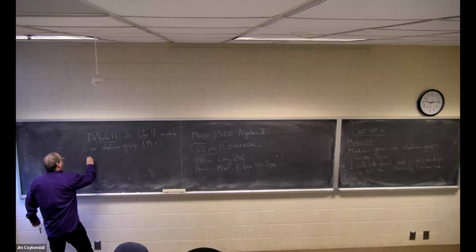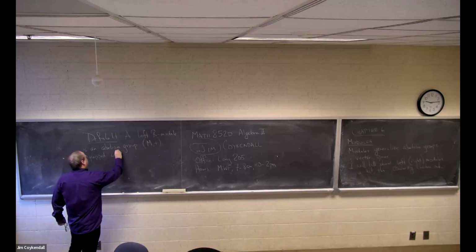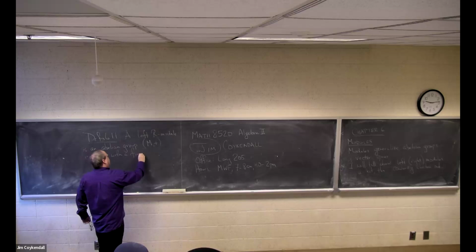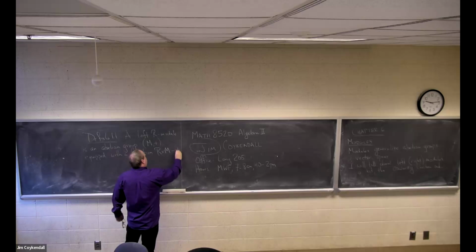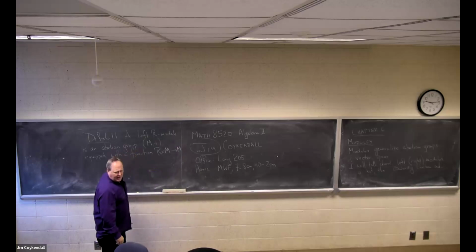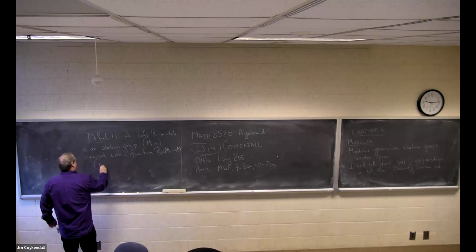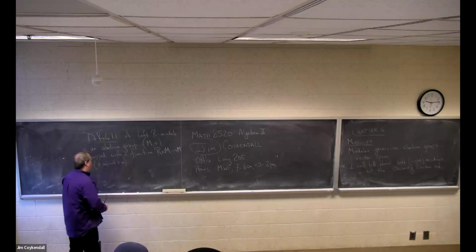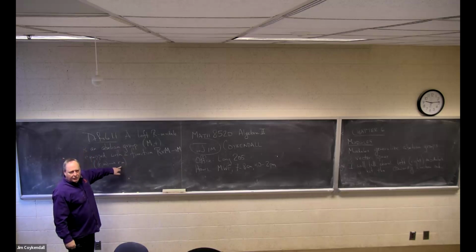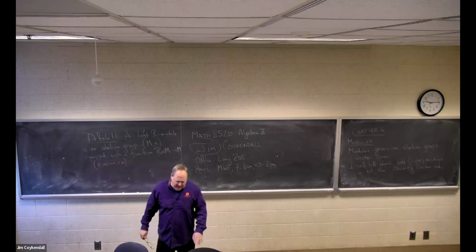That is to say, it's equipped with a function from R cross M into M. The value of this function we usually write as r times m, and we think of this as scalar multiplication from the left by an element of the ring.